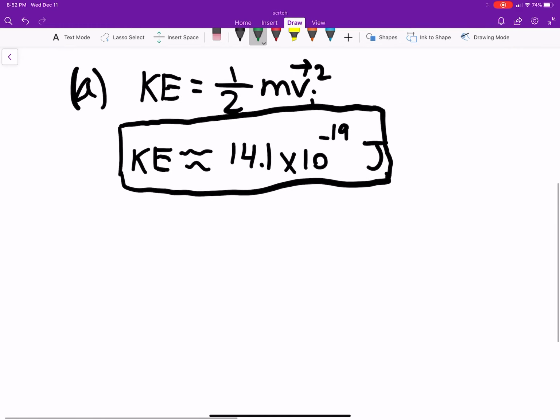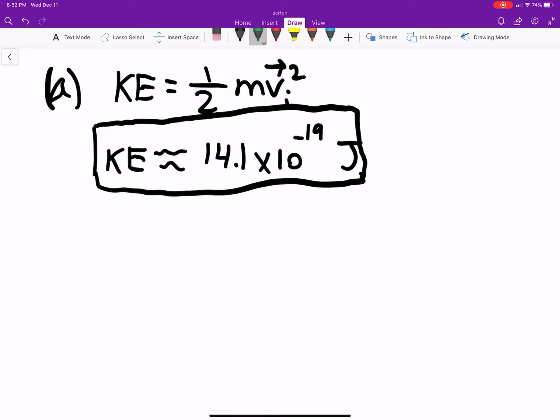Now, an important equation to know deals with potential energy. The important thing to know is that delta U, the difference of potential energy, is equal to Q times delta V.